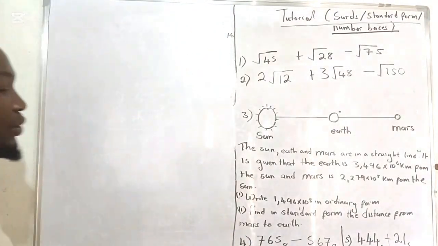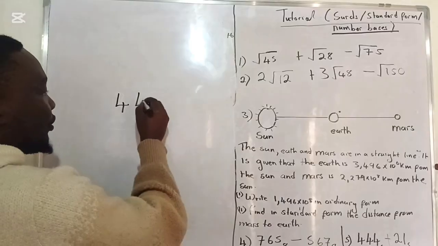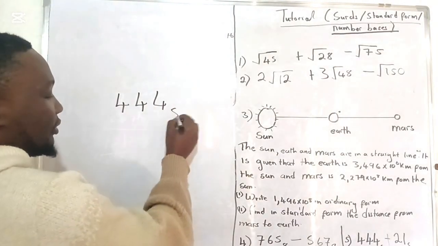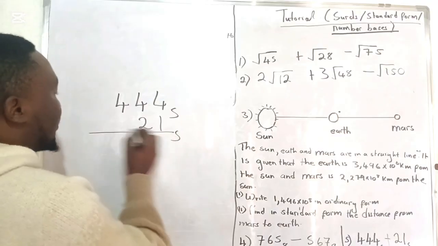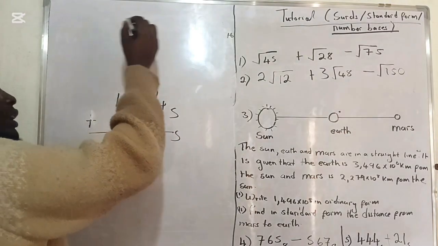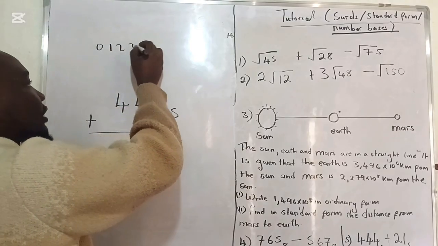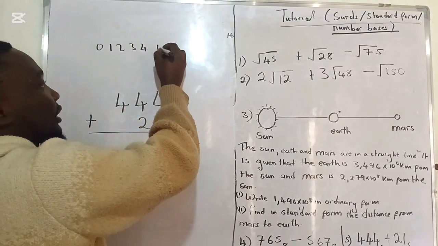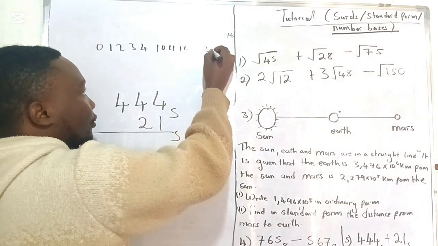So let's do the last question, which is 444 base 5 plus 21 base 5. You are told to add these two. As usual, I write my number line, which is 0, 1, 2, 3, 4, 10, 11, 12, 13, 14.